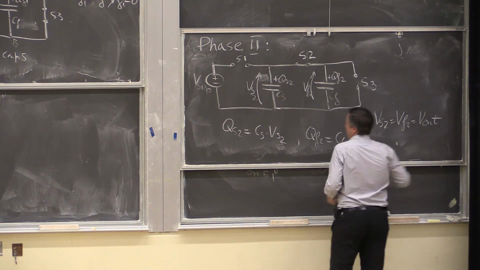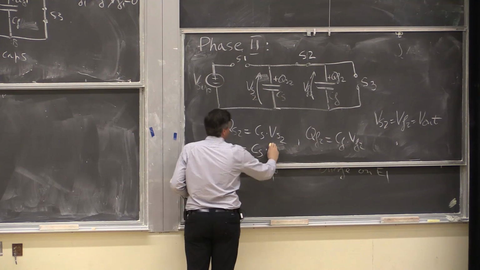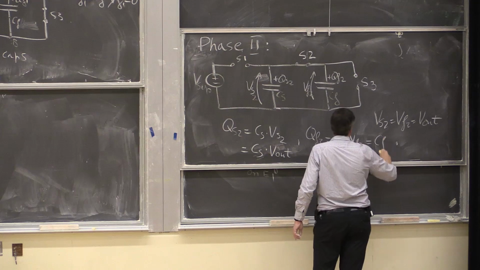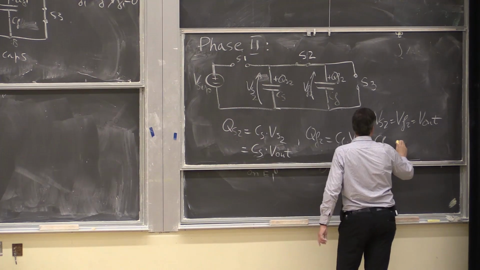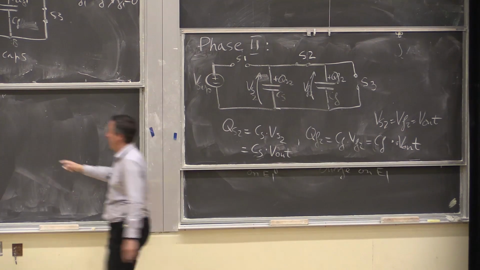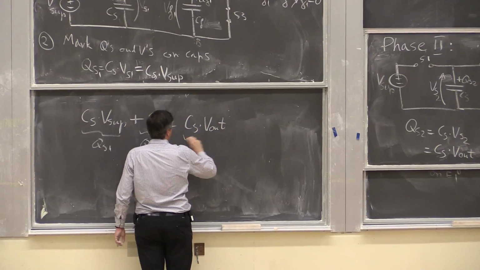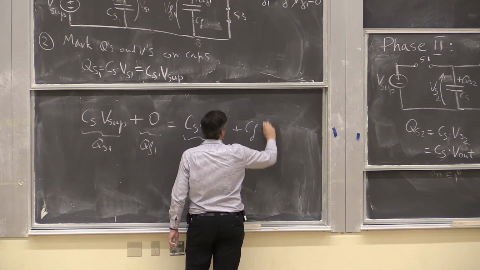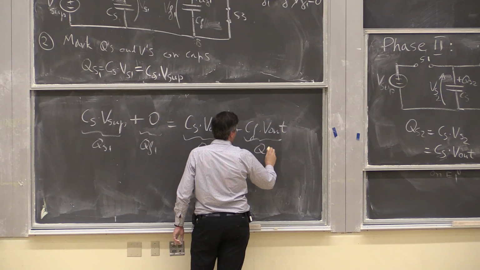So that's what I want. Then this becomes CS times V out. This one over here becomes, sorry, CF times V out. So I write it here as CS times V out, that's QS2, plus CF times V out, that's QF2.